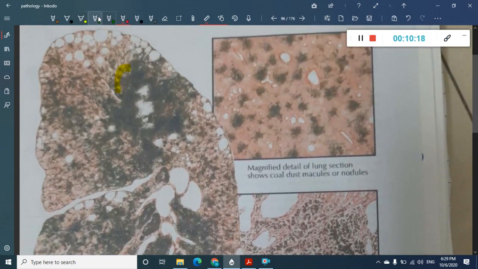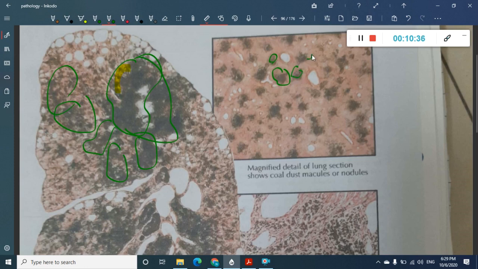You can see what all these are. All of these are deposits of coal dust. So all this is nothing but coal dust which has been deposited. If you see the magnified view here, you can see these coal dust macules or nodules. All these are the coal dust macules and nodules, which is coal workers pneumoconiosis.